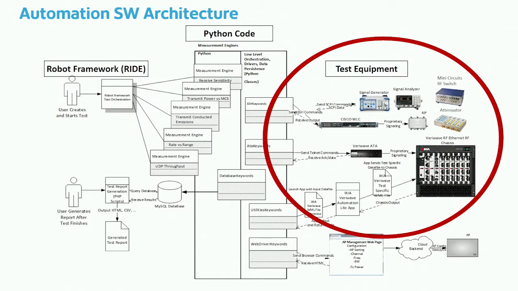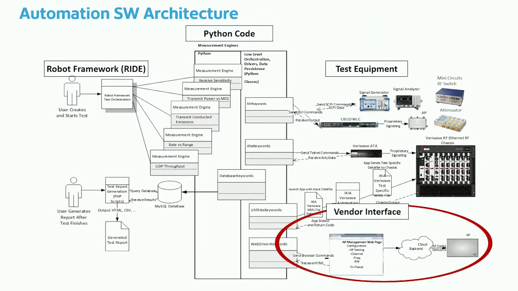Then you have test equipment, which I say is the opposite of free. It can range from $1,000 or so for a programmable attenuator or RF switch, to tens of thousands for a signal generator or an RF analyzer, to hundreds of thousands of dollars for an Ixia variant chassis. And your AP, of course, needs to be controlled, be it through API, WLC, or web page dashboard.